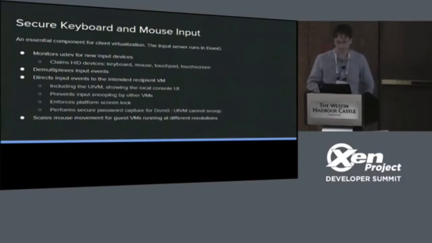It protects input from being snooped by other VMs. It helps us enforce the screen lock and also manages the mouse scaling when you're running VMs on the local display at different resolutions. Not too much else to say, but it's a necessary component for client virtualization.